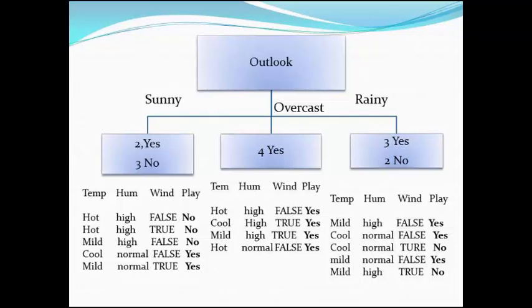If I can make a clear cut, you get it, and I don't even consider it anymore. That's easy on me, right? Like when I grade the papers, I focus my time on the rest. Here is a clear cut. If it's overcast, that means yes, and the purity is very good. This one is not so good, but I can do further, right?